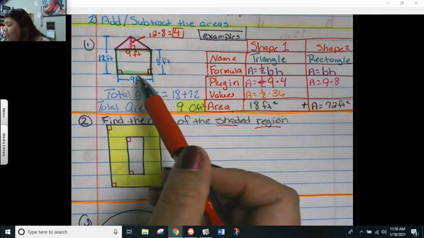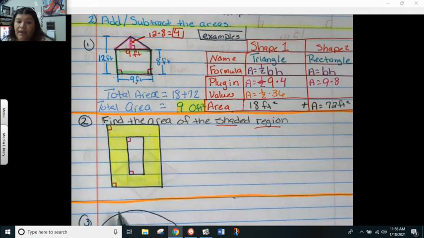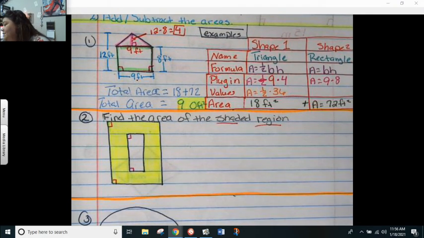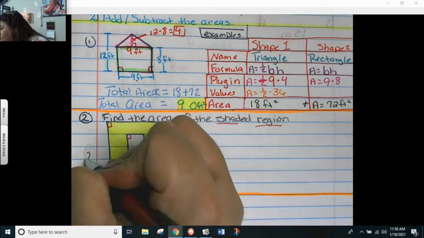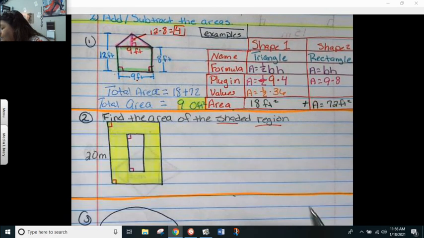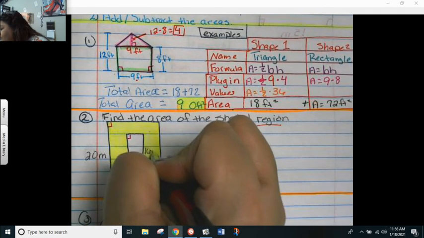And if you can tell a difference between the two. Here I have a rectangle and I added a triangle on top. Here I have a rectangle, and I put a rectangle inside, okay? And I forgot to put the numbers. So let's go ahead and put some numbers. Let's make up some numbers. Let's see. Let's make this over here 20 meters, okay? We'll make this one in here 16 meters.